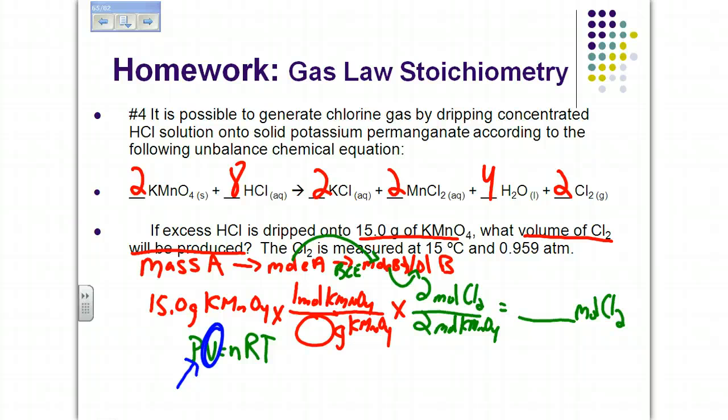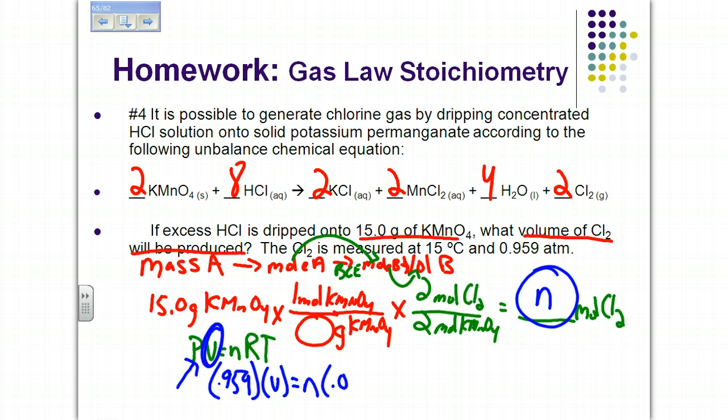The pressure is already in atmospheres, so I don't have to convert. So 0.959 times V equals n, and n is what we solved for here.